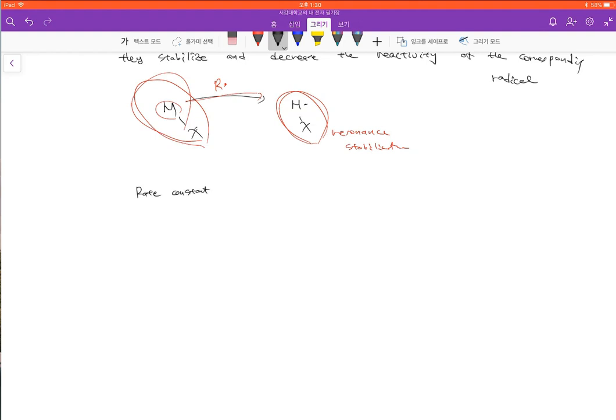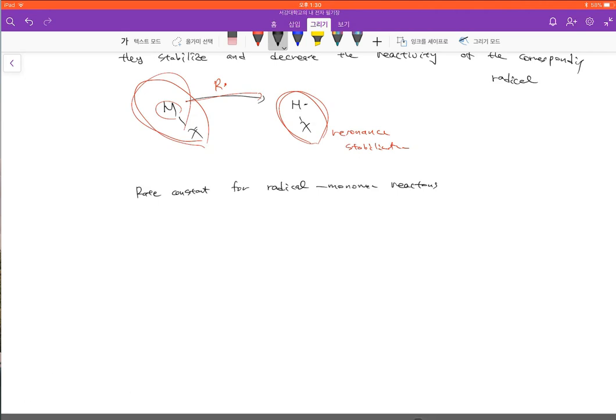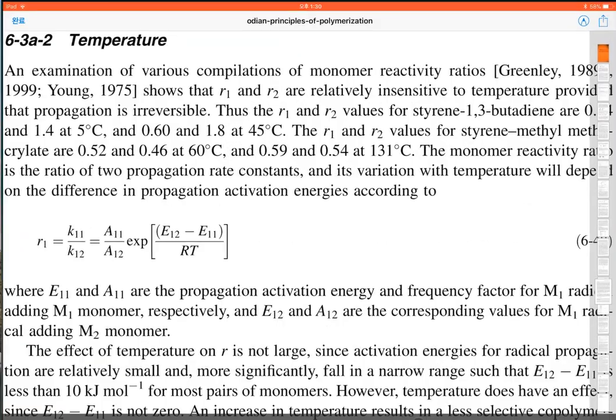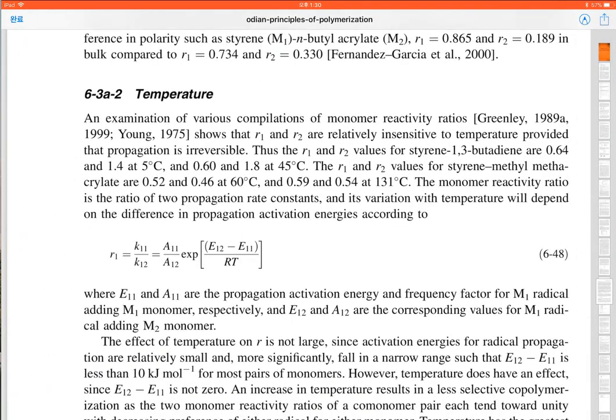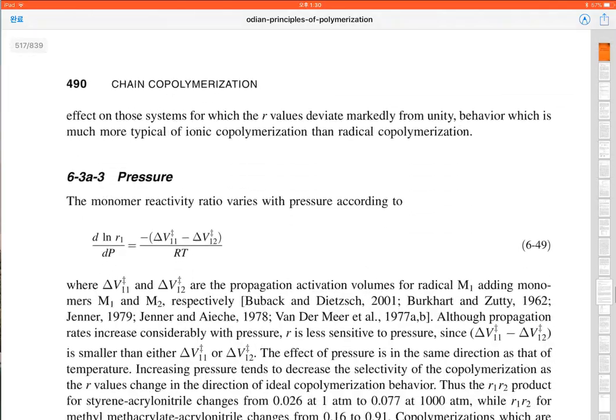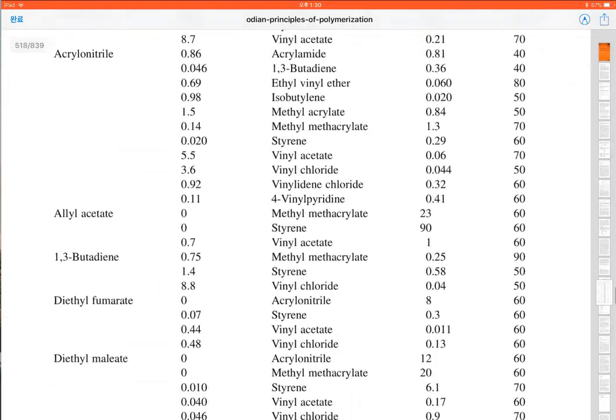So if you look at that table, that table shows the rate constant for radical monomer reactions. Since we do not have it here in our textbook, we don't really have it.